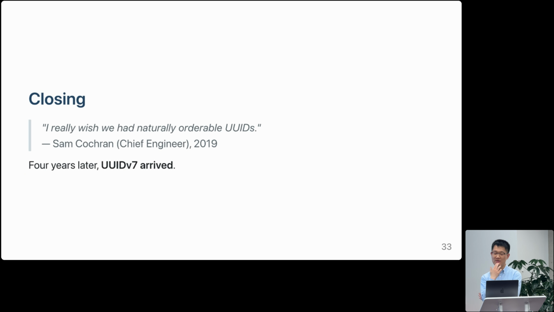Sometimes it just takes time for the community or the standards body to catch up to our problems. And sometimes it doesn't. You have to come up with some interesting hacks, like counting backwards.